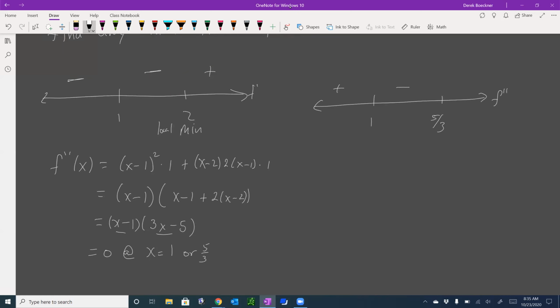As I approach 5/3, this factor switches, and it will switch there. Good with that? So where do we have points of inflection? Both of these switch from positive to negative or negative to positive where the second derivative is 0. So these are both points of inflection. Questions on that one?